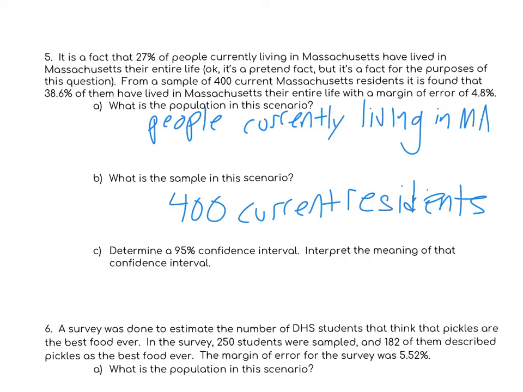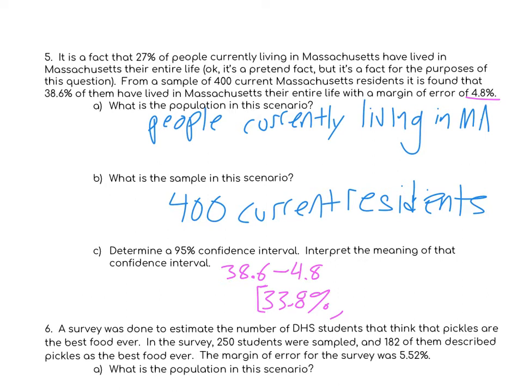Determine the 95% confidence interval. We are given a margin of error here, and we're given that 38.6% have lived in Massachusetts. My interval is going to be 38.6 minus 4.8%. 38.6 minus 4 is 34.6, minus 0.8 is 33.8%.